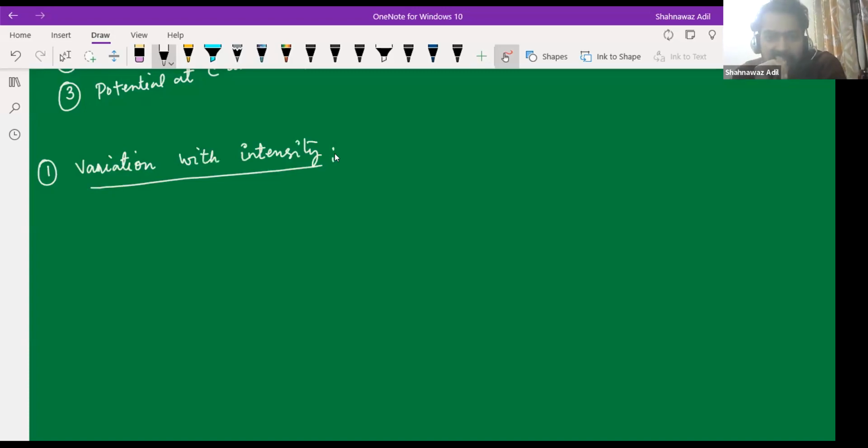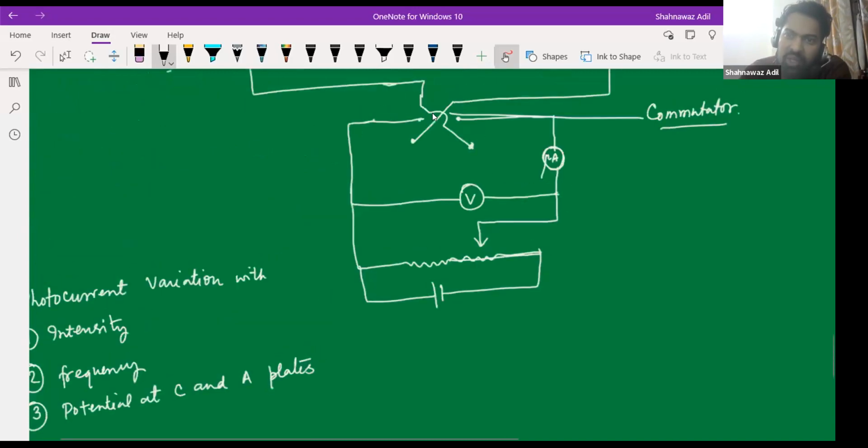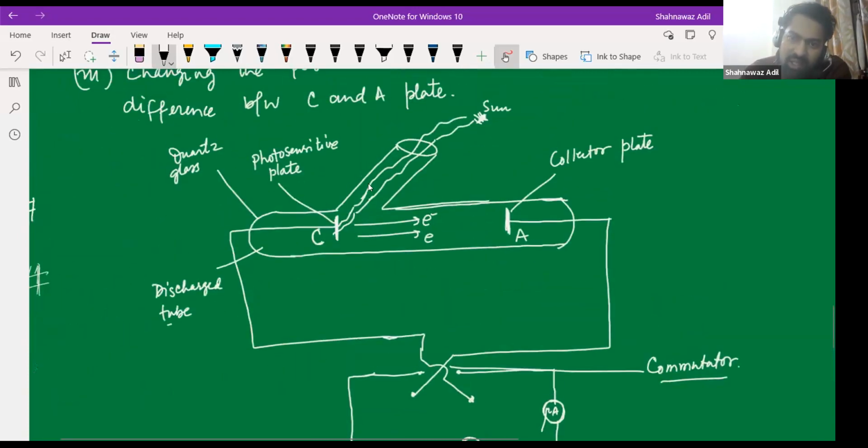So I want to study the variation with intensity. What are the parts I'm going to fix? I will be fixing the frequency of this incident radiation, and I will be fixing this potential also, right?